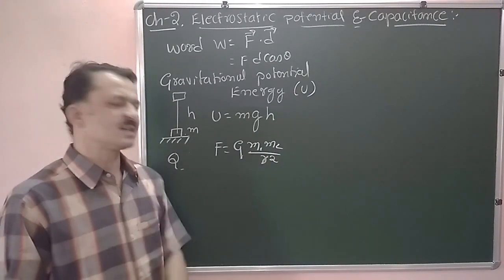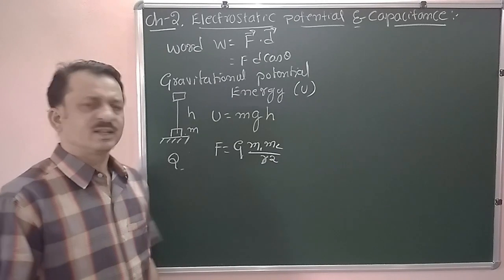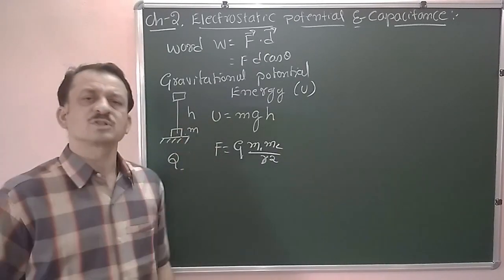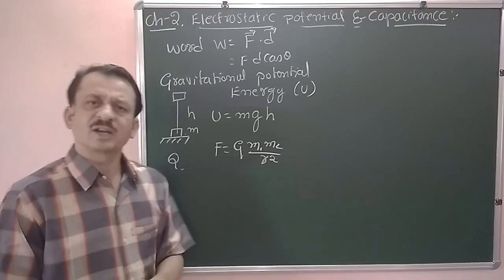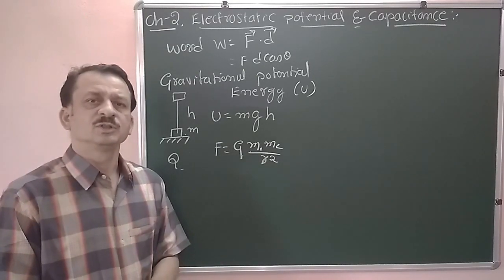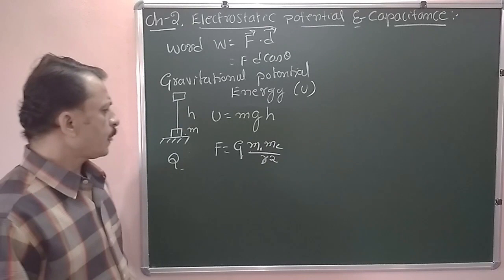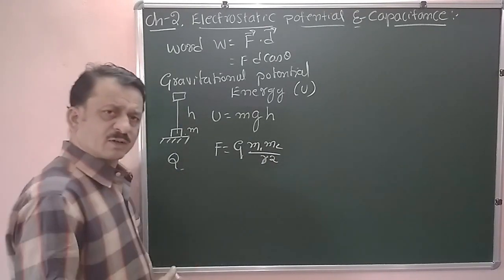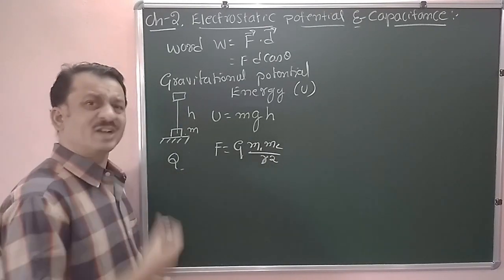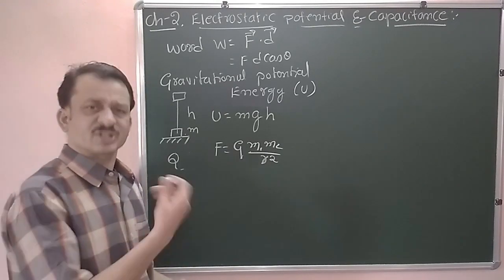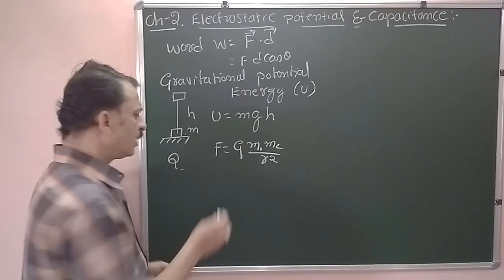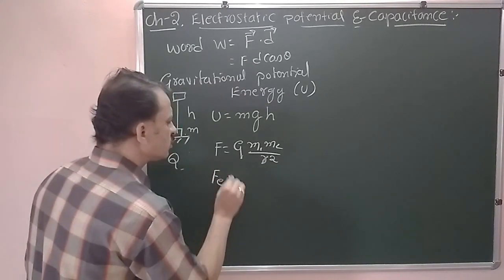If they are separated by a certain distance r, then obviously we have a gravitational force of attraction between those two point masses, given by the simple relation. In the previous chapter we have studied, if you have two point charges Q1 and Q2 separated by a distance r, then obviously we have an electrostatic force.